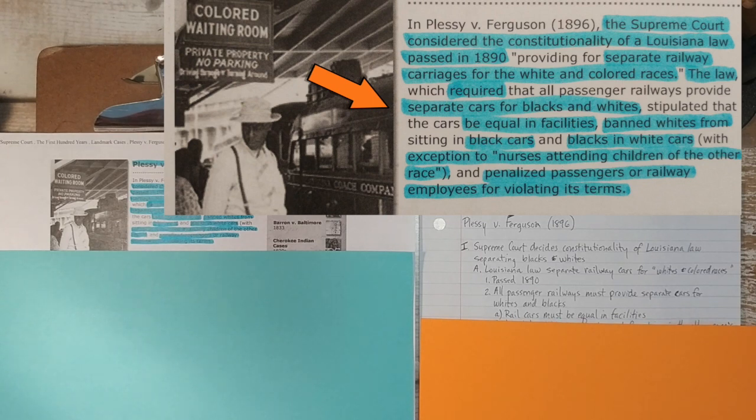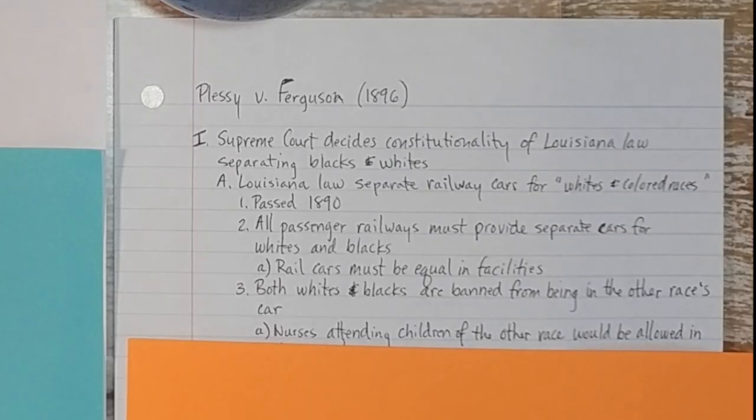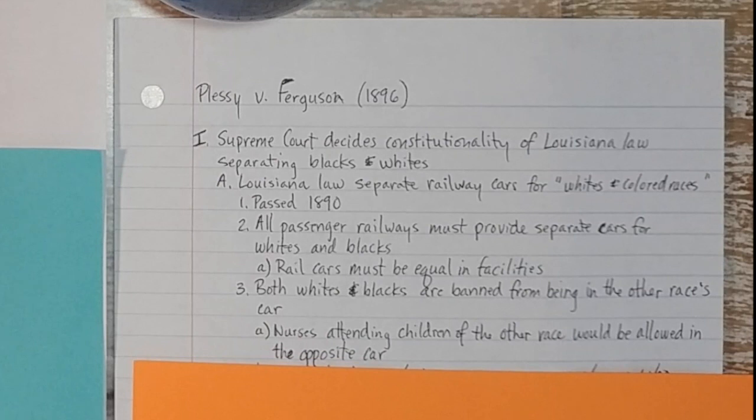So based on that, it was stipulated that the cars would be equal in facilities. 3, both whites and blacks are banned from being in the other race's car. And then A, part under that, is the exception to that rule. Nurses attending children of the other race would be allowed in the opposite car.